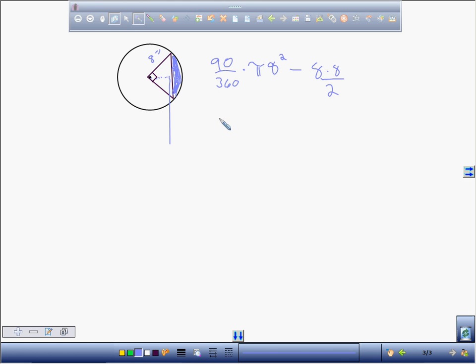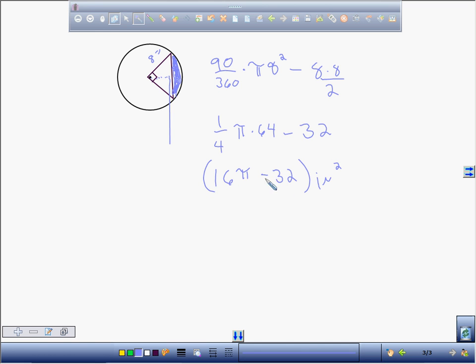So then simplifying, I get 1/4 of pi times 64 minus, what's 64 divided by 2? 32. And simplifying a little bit more, 4 goes into 64 16 times. 16 pi minus 32. And that is okay to leave it like this, inches squared.